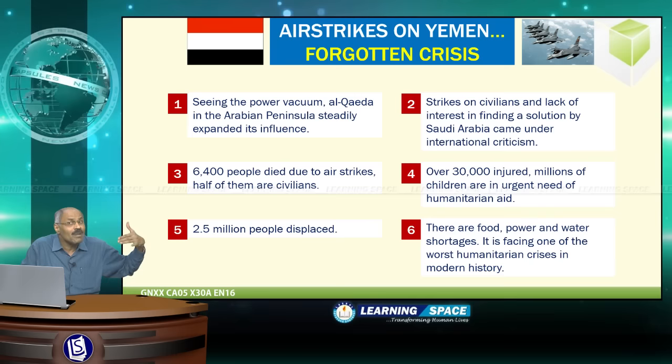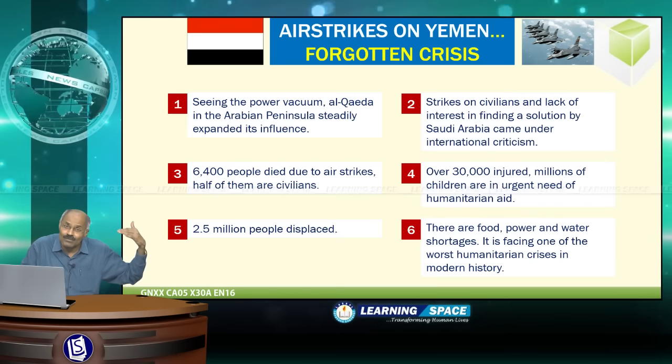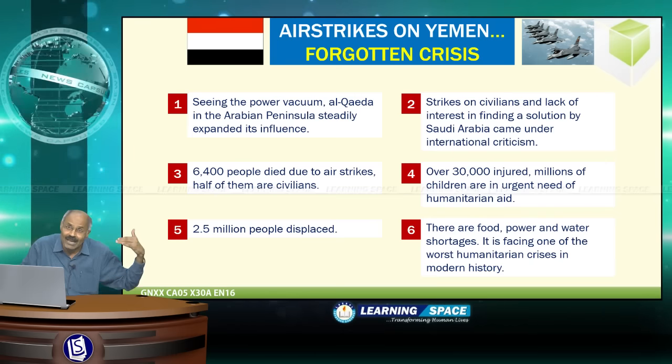And 2.5 million people are displaced from their homes, over 30,000 are injured, and millions of children are in urgent need of humanitarian aid. And across the country, as several areas are captured by Houthi rebels, and at the same time Al-Qaeda in the Arabian Peninsula is active in some stretches, there is a shortage of food, water and power.